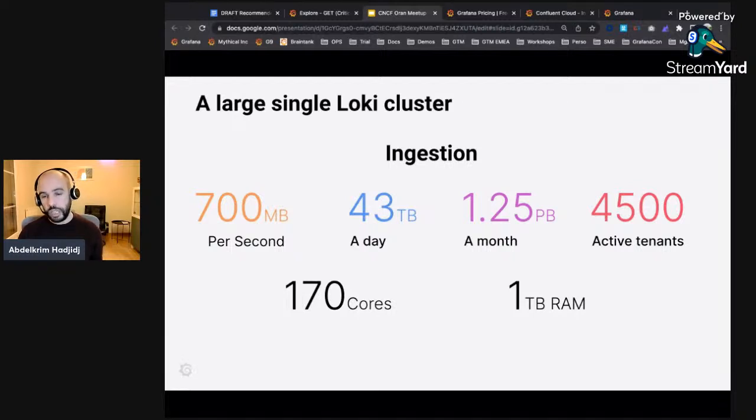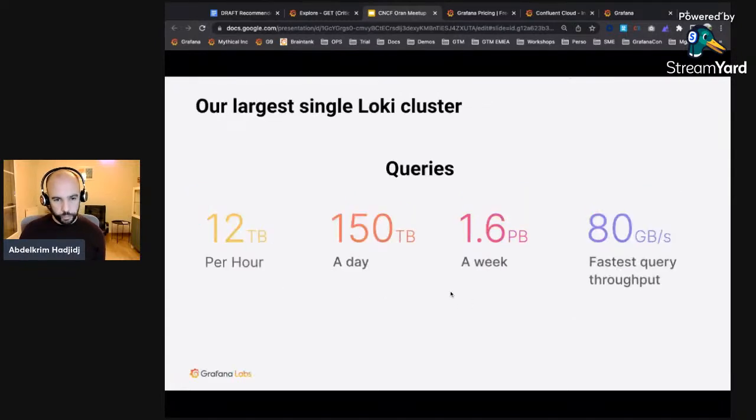And we have 4,500 different tenants. A tenant is a customer in our case. On the query side, we can parse up to 80 gigabytes per second for one particular query. It's a busy cluster. A lot of people are querying and searching for logs and things like this.